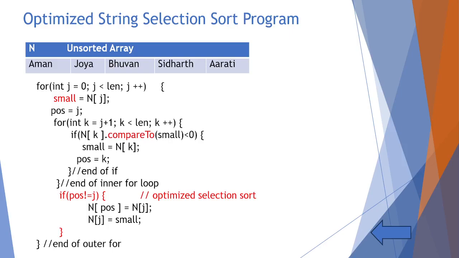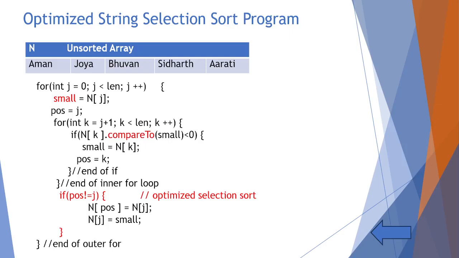And then strings cannot be compared with the greater than or less than relational operators. We use the compareTo method. I have discussed this compareTo method in the binary search on strings video. But in a nutshell, the compareTo function compares two strings. This compareTo method is an instance method, so it should be called with the help of a string. So n of k is a string, n of k dot compareTo small less than 0. compareTo can return either 0, less than 0, or greater than 0.